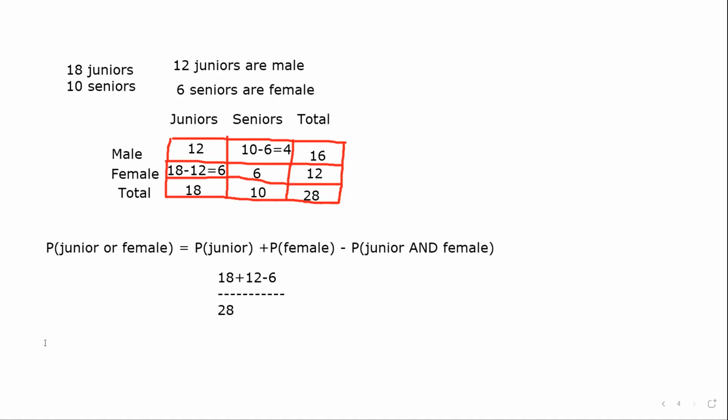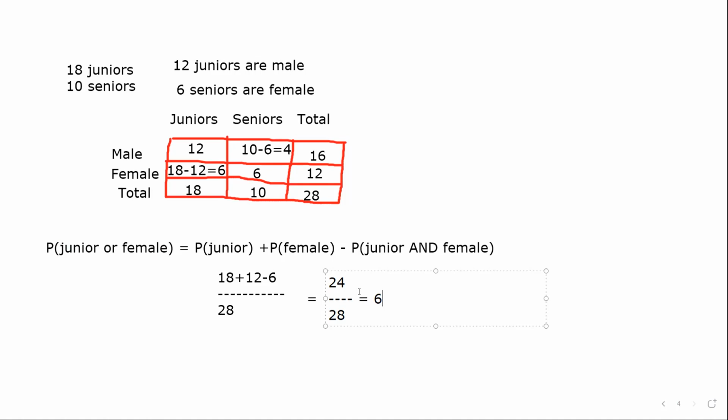So what does that give us? 24 over 28. Okay, good. And if you reduce it by 4, you get 6 over 7. Very good. That's right, which is correct. Good job.